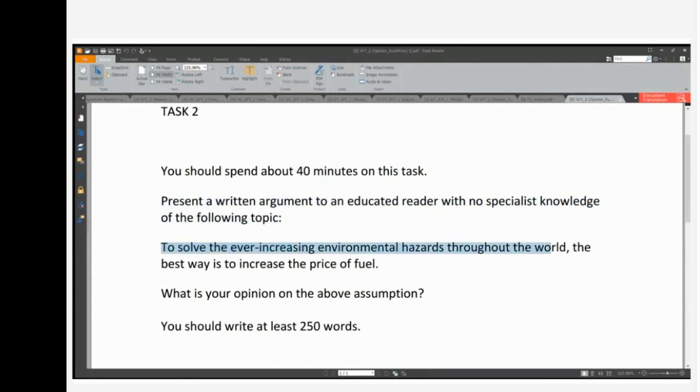This is the topic that is given to you, and you have to write an essay and discuss this in a manner that an educated reader with no specialist knowledge can understand properly the arguments you are going to develop.